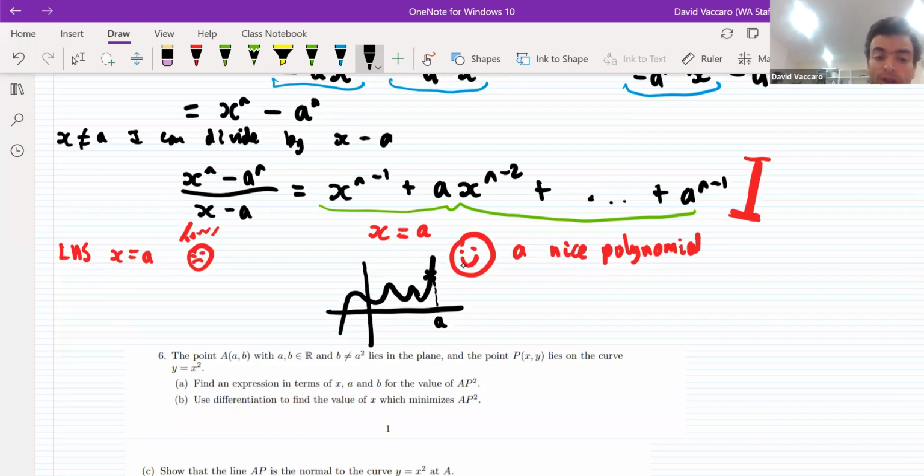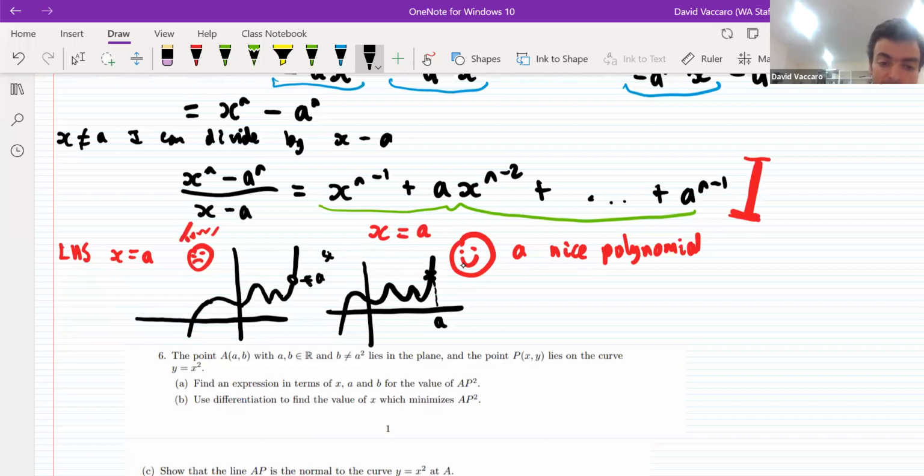If I was to plot the graph on the left using a computer, the computer would substitute in all the different values. The only difference is that at x equals a, you'd have this little singularity.